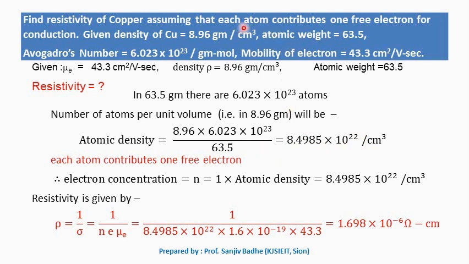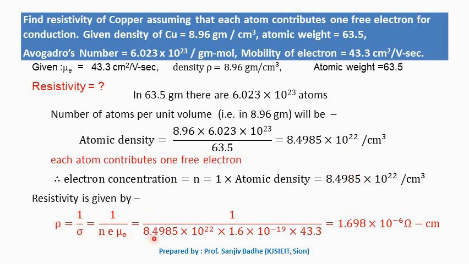Now it is given that each atom contributes one free electron, and therefore the electron concentration will be equal to 1 into this atomic density, 1 electron per atom. So electron concentration will be 1 into this 8.4985 into 10 raised to 22. So that will be the electron concentration, which we can substitute in this relation for n.